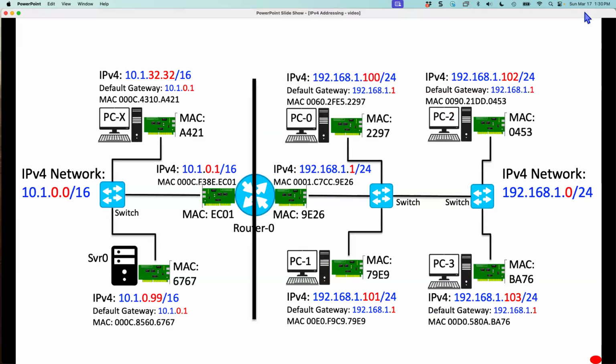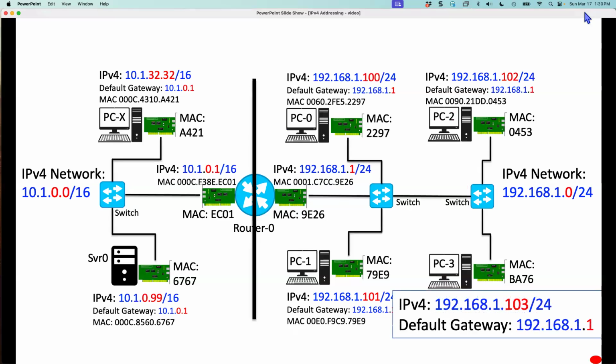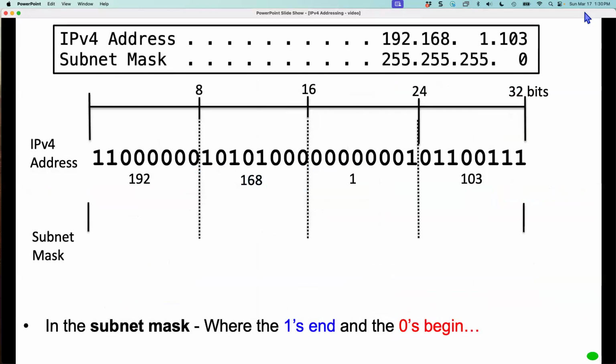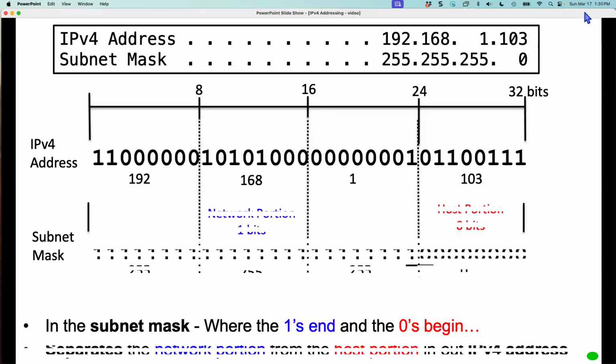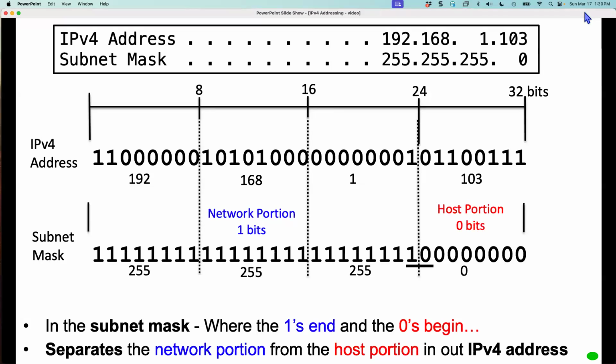Let's take a look at another device on that same network, PC3, 192.168.1.103/24. There it is, its IPv4 address in dotted decimal notation and in binary. Let's write out that same subnet mask, which is a /24, 255.255.255.0.